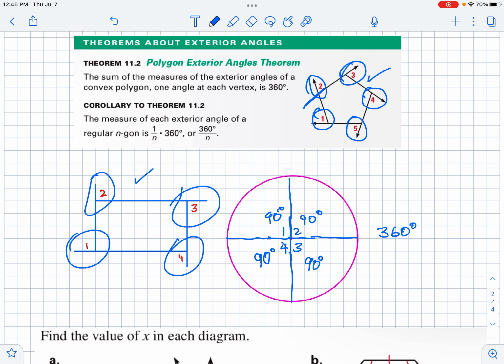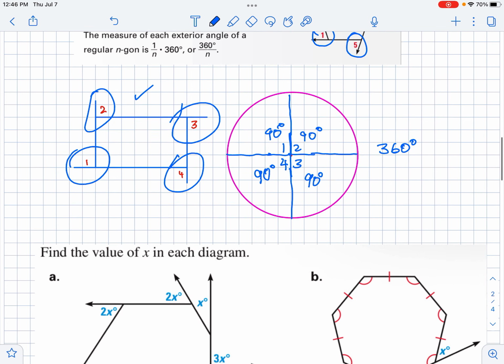The sum of those angles is going to be 360 degrees. Now, if the polygon is regular and you want to know the measure of one of those exterior angles, just take the 360 and divide by the number of sides of the polygon. If it's a pentagon, it would be 360 divided by 5.